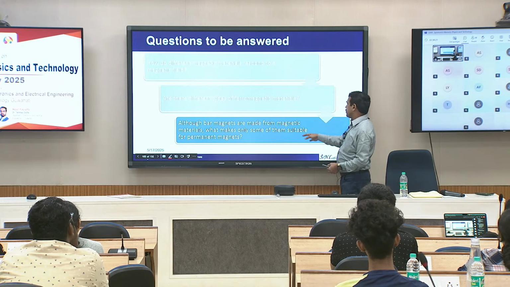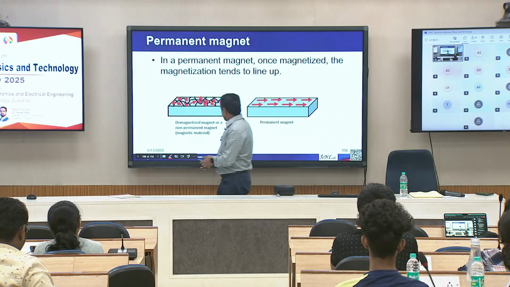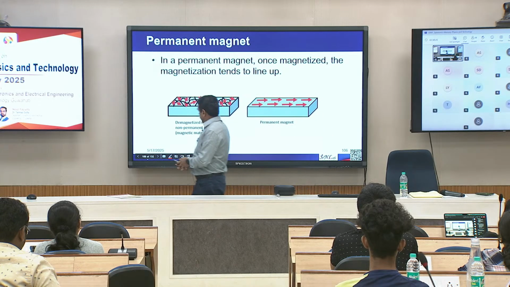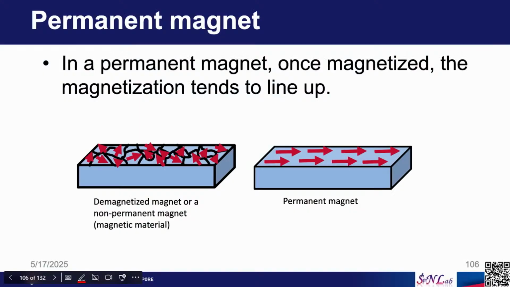And also, let us say I have neodymium iron boron in my lab. Say I do some mixing and all the processes to make it a neodymium iron boron magnet.